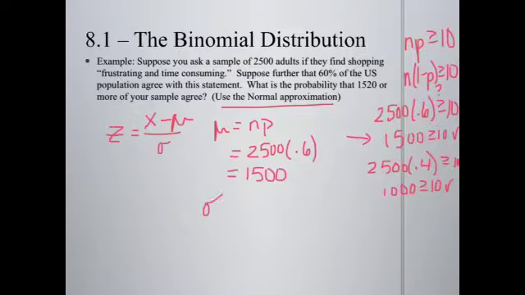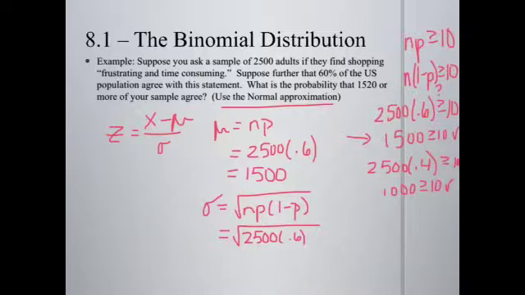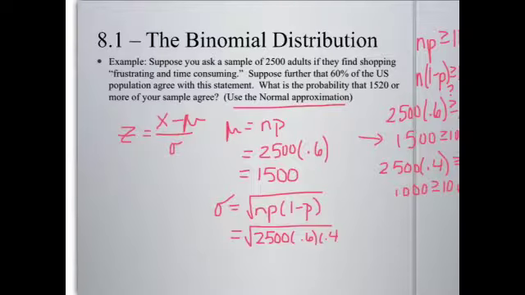And the standard deviation is the square root of n times p times 1 minus p, and that gives me 24.495.